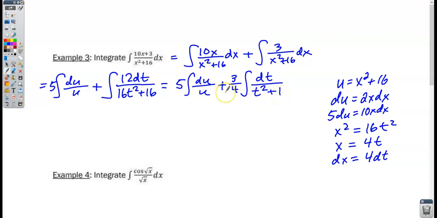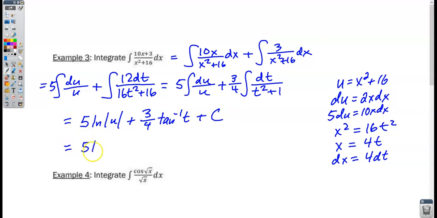And now I can take the antiderivative of each of these individually. This is going to be 5 natural log of the absolute value of u plus 3/4 arctangent of t plus a constant. And then I need to bring my variables back.